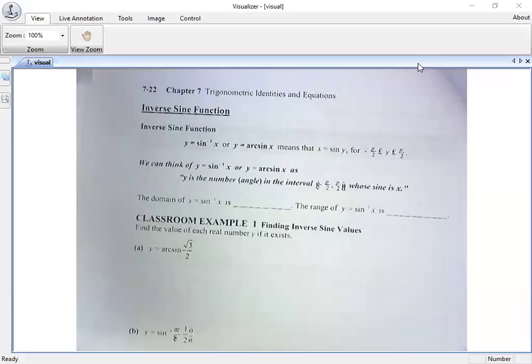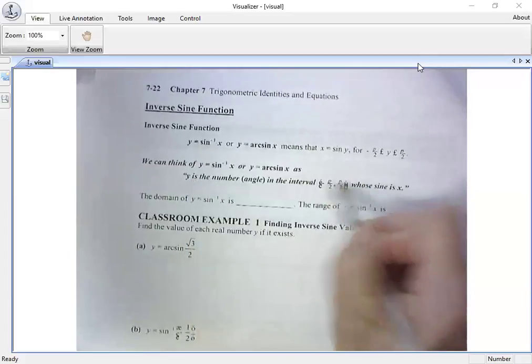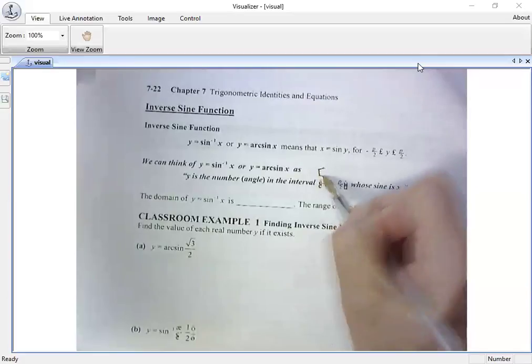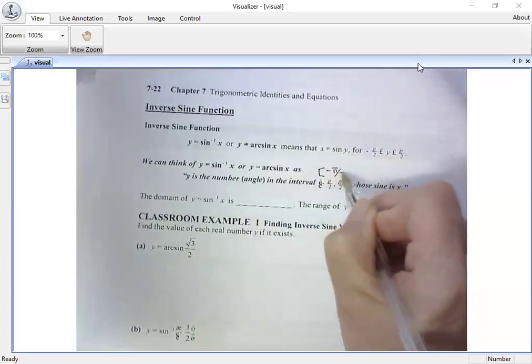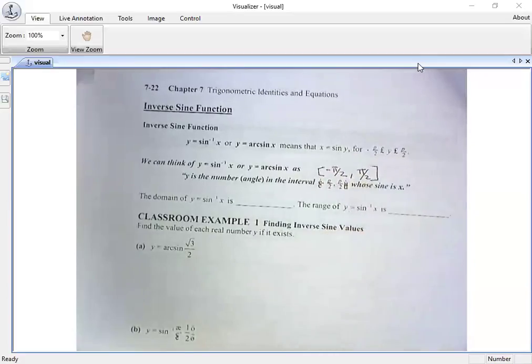So here's what we will do. We are going to put an interval for sine. We're going to go from negative pi over 2 to positive pi over 2. Basically, you're either going to choose quadrants 1 and 2, or you're going to choose quadrants 1 and 4 for your sine restriction.